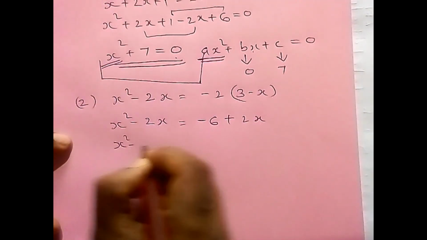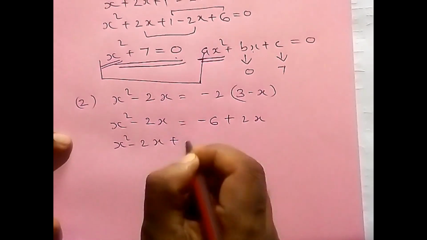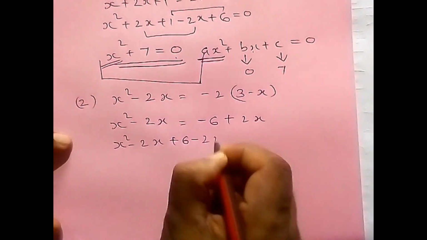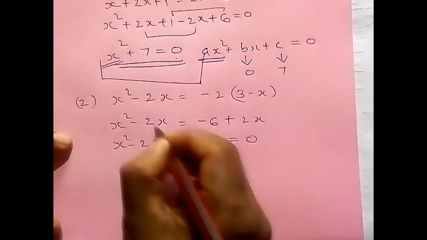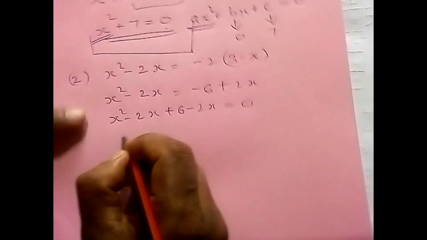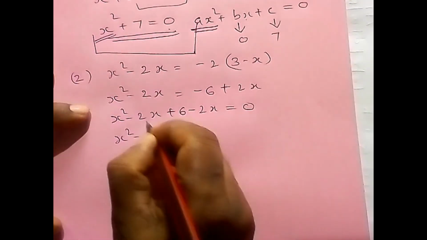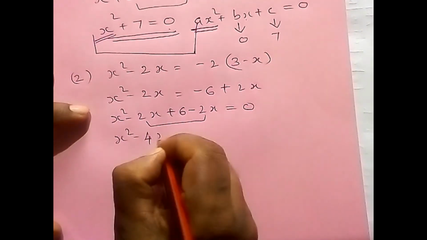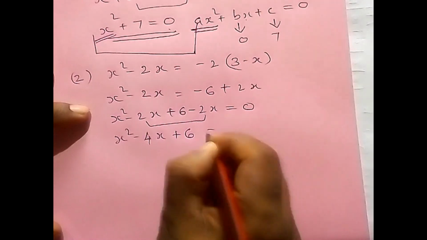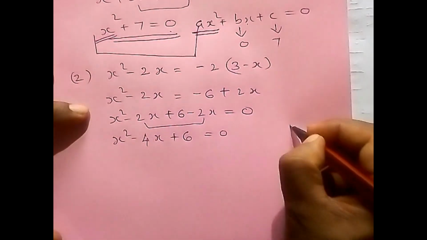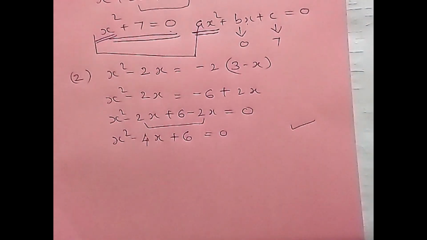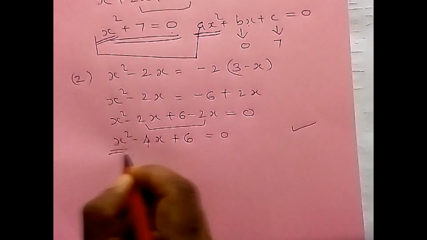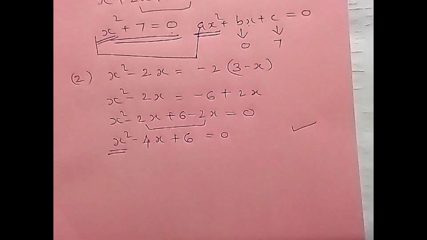So x square minus 2x plus 6 minus 2x equal to 0, taking both of them to the left side. So x square minus 2 and minus 2 we are adding, we are getting minus 4x plus 6 equal to 0. So this is again a quadratic equation because the coefficient of x square is not equal to 0.